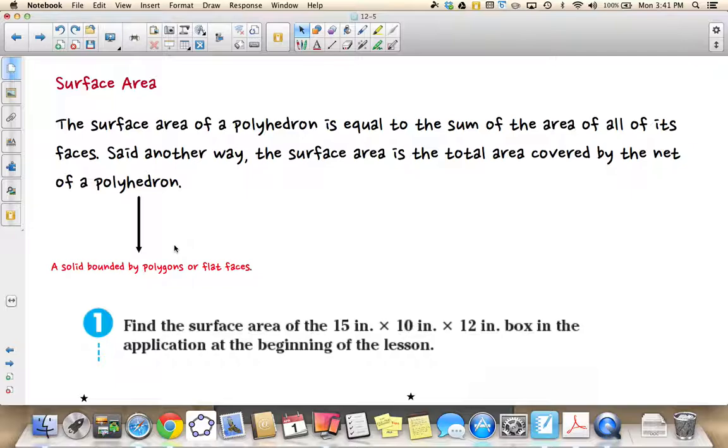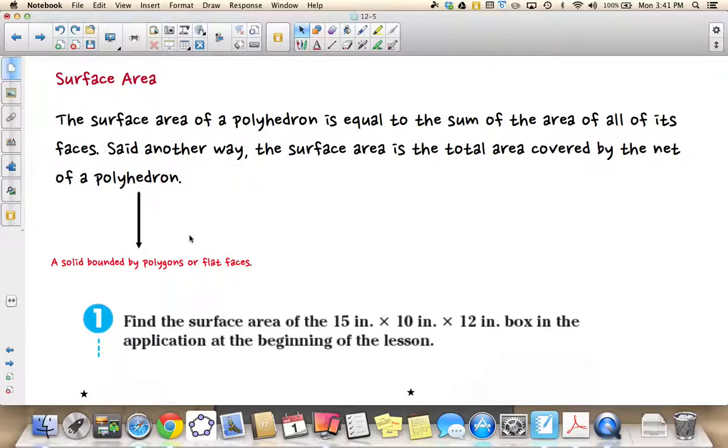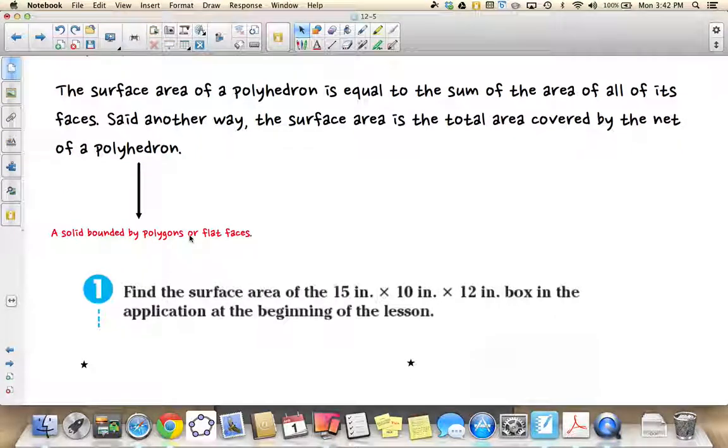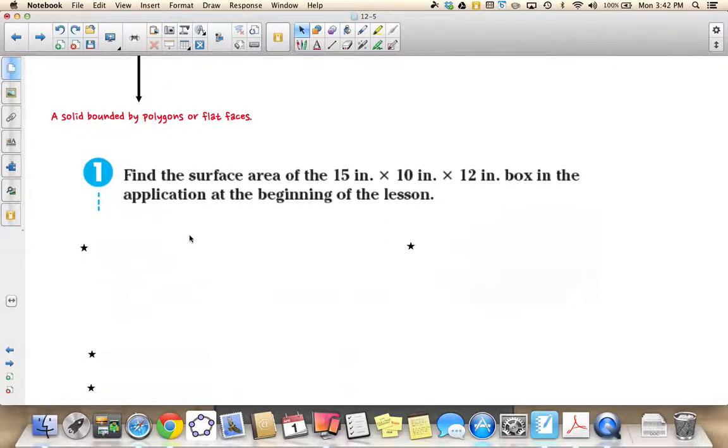So it's a three-dimensional figure wherein all its faces are flat, just like a triangular prism or rectangular prism. That is a polyhedron.